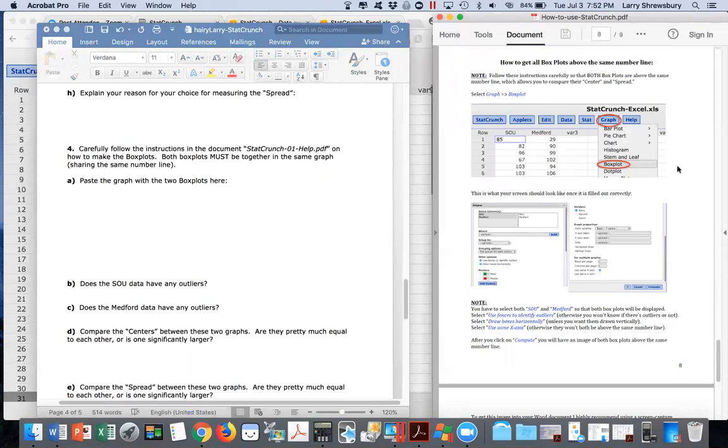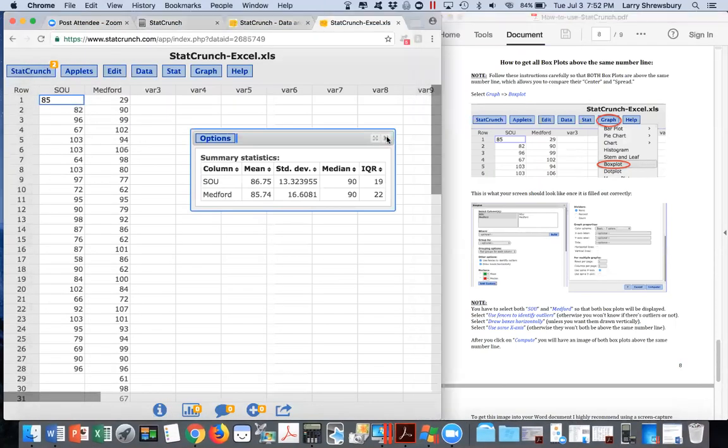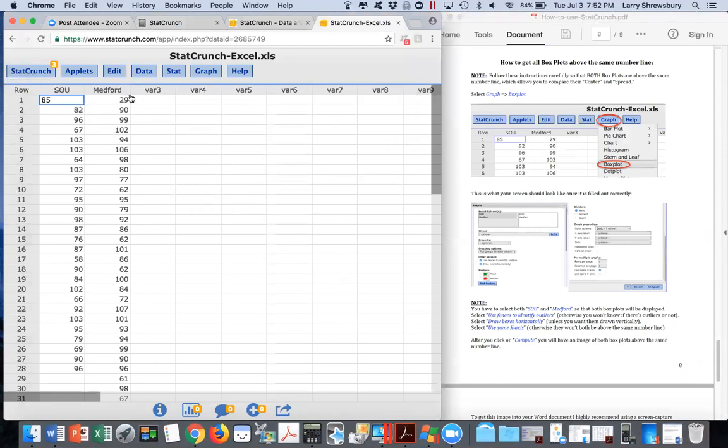One, of course, lets us know whether there are outliers or not, but the other one that's really great, and we're going to see it here, is it makes it real easy to compare their medians and interquartile ranges with each other visually. But both box plots have to be over the same number line in order to do that. In other words, don't make 2 separate box plots. But the instructions are going to show us how to do that.